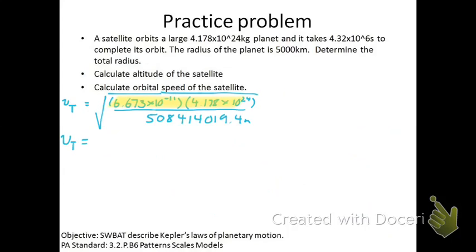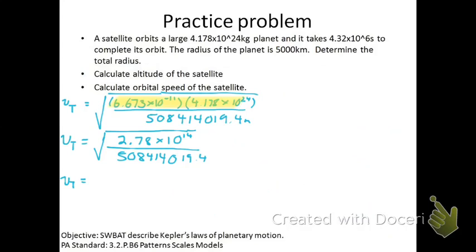Vt, okay. Whether you multiply it or just refer to part A of the problem, it comes out to 2.78 times 10 to the 14. All right, and you're not restricted to 2 decimals. You can round as far as you feel comfortable. And this is divided by R, 508,019.4, and then you go ahead and divide those two values in the square root sign. That's a must.